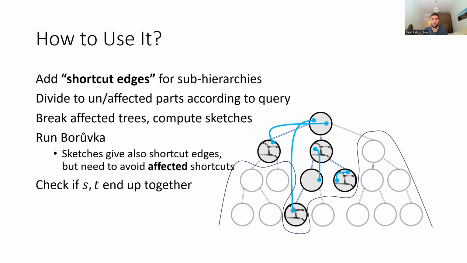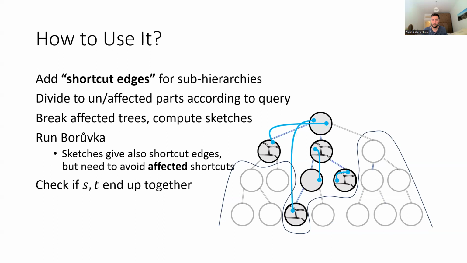Finally, to answer the query, we run the Boruvka procedure using the sketches, starting from these pieces of the affected parts. Here we remark that the outgoing edges we get from the sketches might in fact be these shortcut edges that we added that correspond to paths through unaffected components. But on the flip side, we must employ some mechanism to avoid getting shortcut edges that correspond to affected sub-hierarchies, because these ones can be invalid and they can actually represent paths that go through faults.